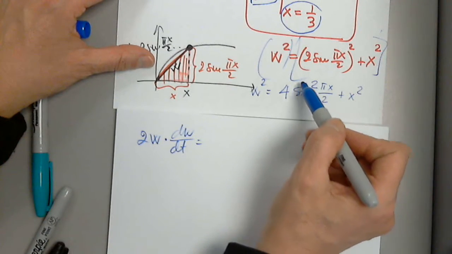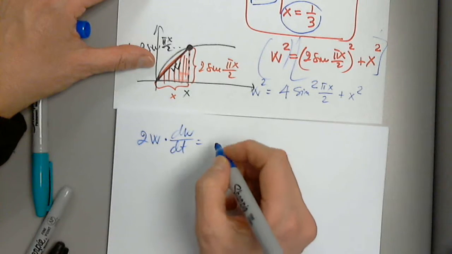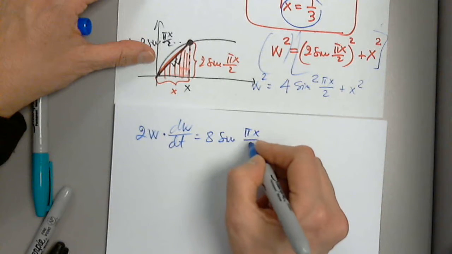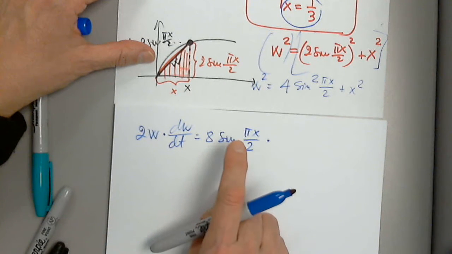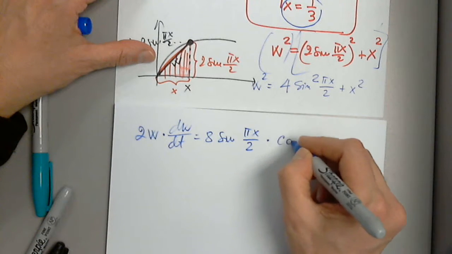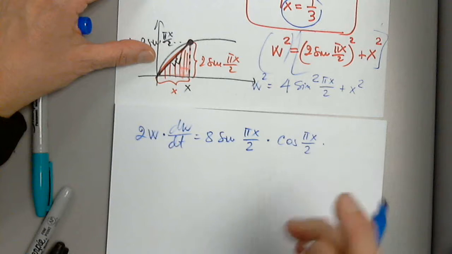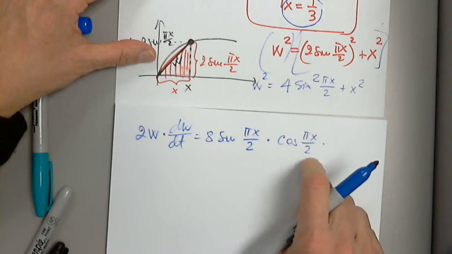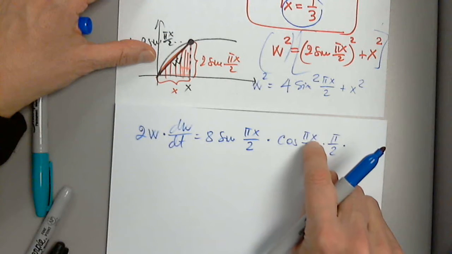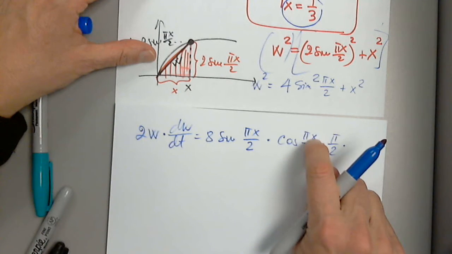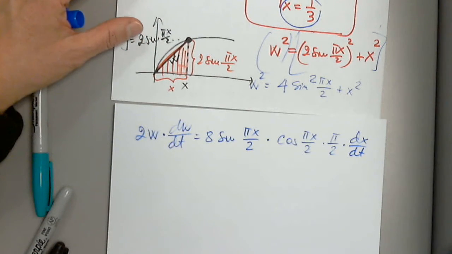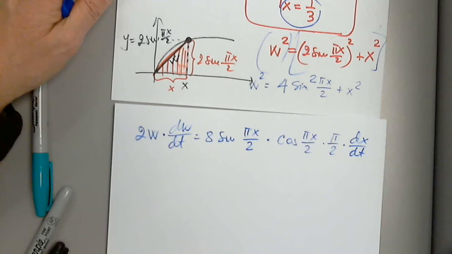So I have to bring the power in front and multiply by 4. So that's 8 sine pi x over 2 times the derivative of sine, which is cosine pi x over 2, times the derivative of the inner function, which is pi over 2, times dx over dt, because x is also a function of time, it's not a variable.